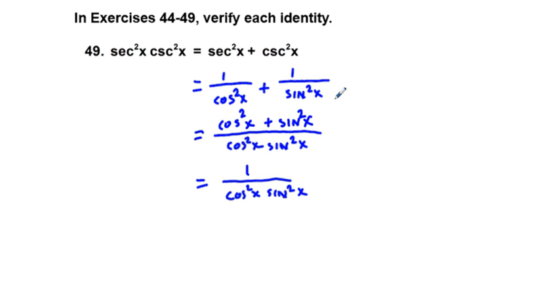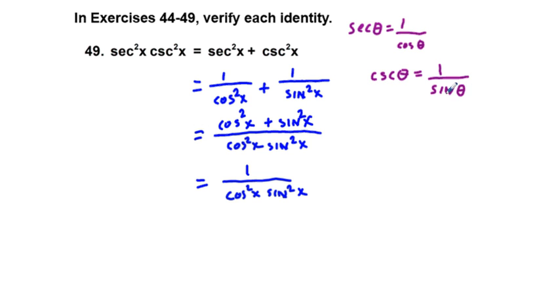Well, secant x, right at the top, or secant theta is 1 over cosine theta. And cosecant theta is 1 over sine theta.